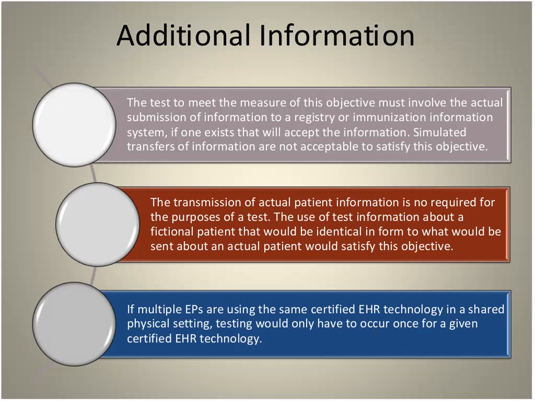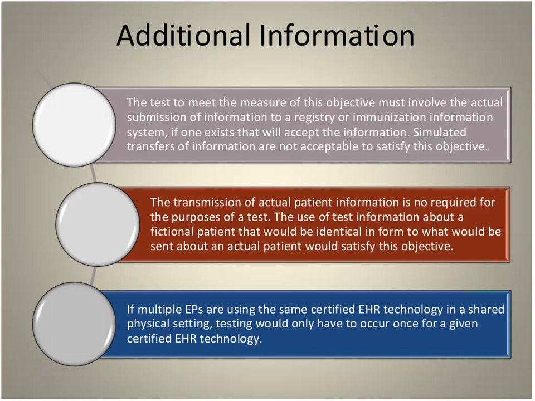Again, actual patient information is not required for this test, and it can certainly be just a fictional patient. And just like clinical exchange, if there are multiple eligible providers, the objective does not have to be met on a provider by provider basis.